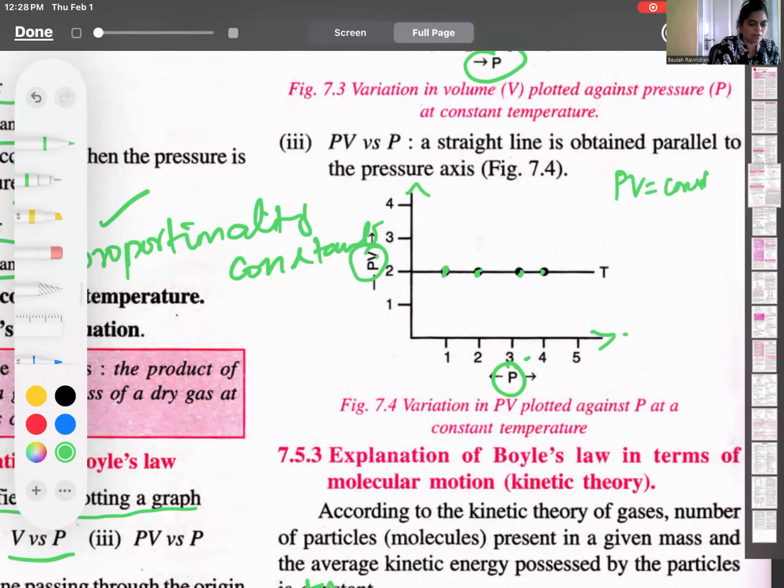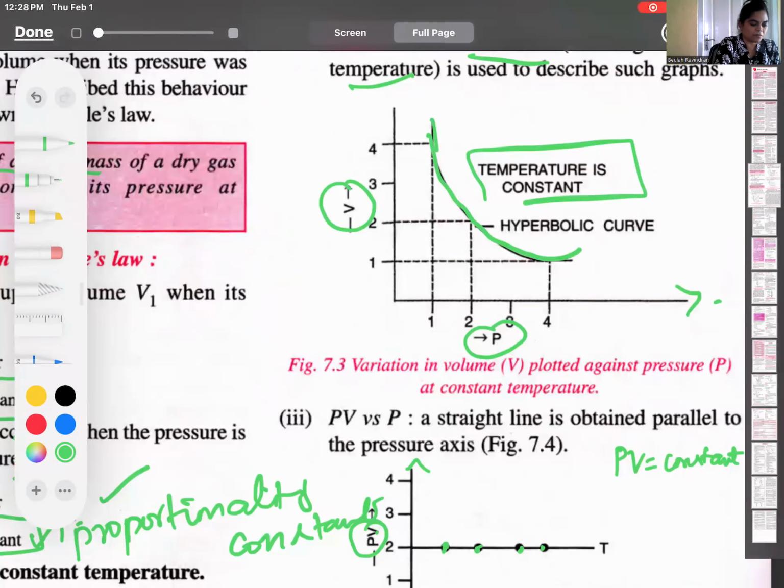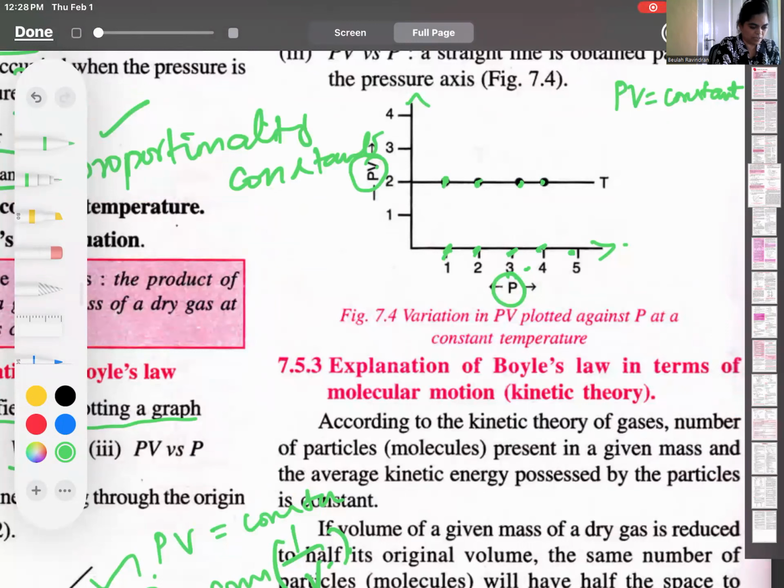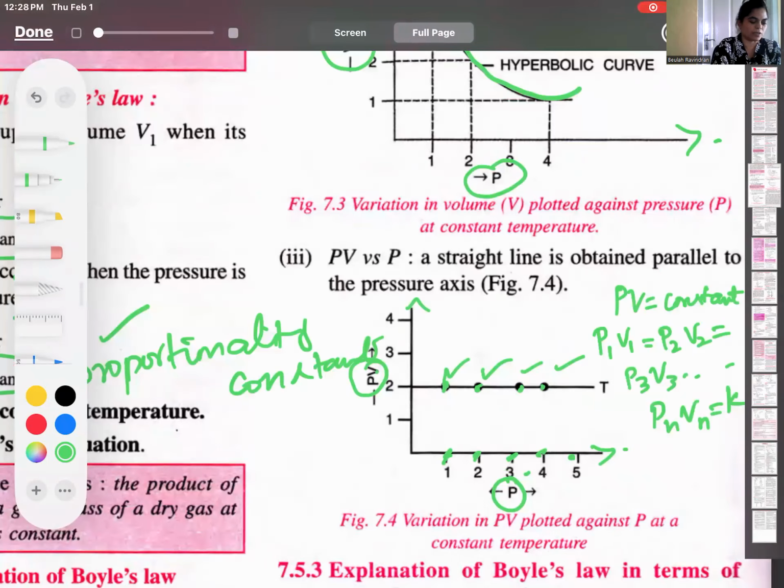How can we say constant? For each and every pressure point, the product will be constant. So whether it is the first volume or first pressure, second volume, third volume or third pressure, up to the nth volume or nth pressure, it will be the same constant. This graph shows that.